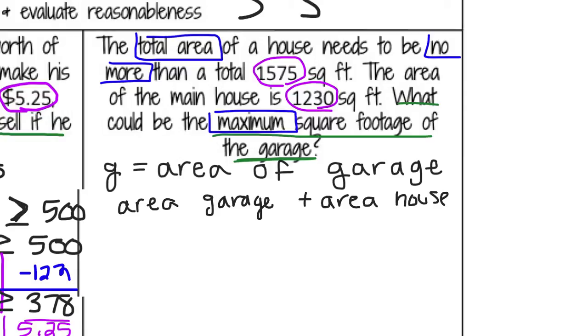So the area of the garage, we don't know that, so that's where my variable is going to go. G plus the area of the house is 1,230. And that total area can be no more than 1,575.